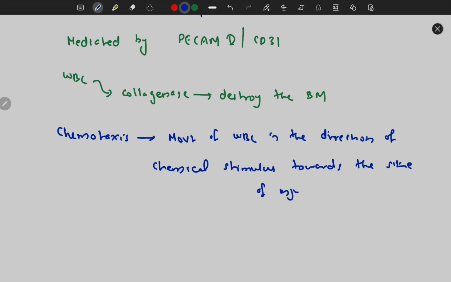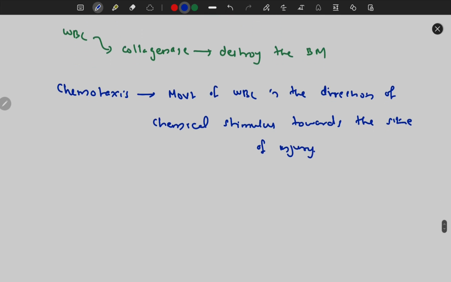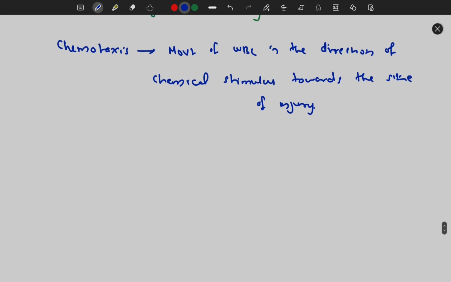The neutrophil has to reach the site of injury. So there will be certain chemicals that will help in this chemotaxis.